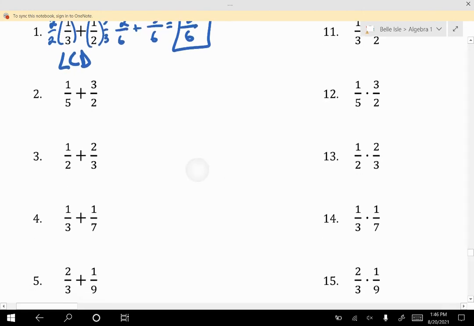Let's keep the focus because we're doing good. So I would like for you to do 2, 3, and 4 on your own real quick.